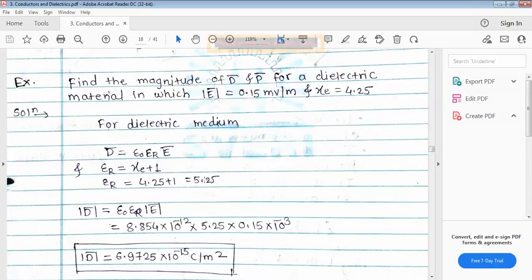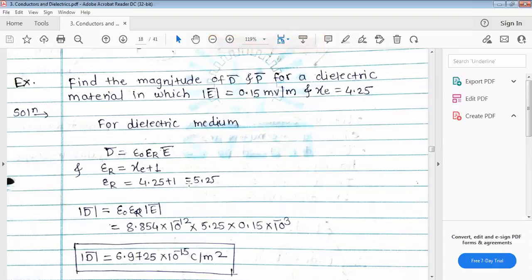What is asked? Find the magnitude of D bar. Magnitude means mod. If they ask you to find D bar and P bar, then it should be in vector form, but here they are asking for magnitude. Remember, magnitude means mod. So mod of D bar is equal to epsilon 0 epsilon R into mod of E bar.